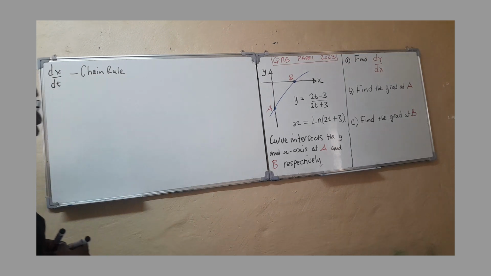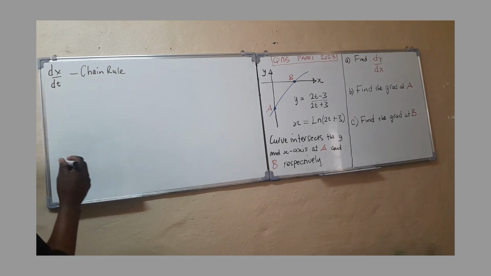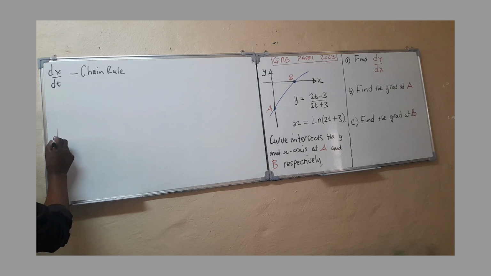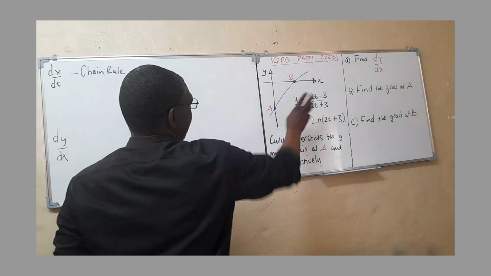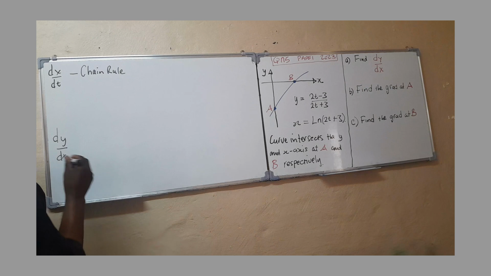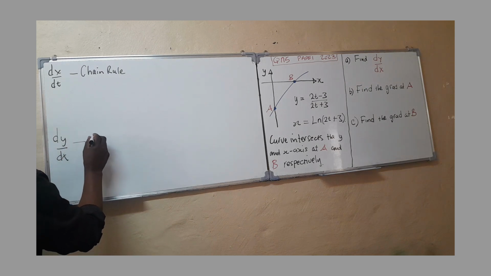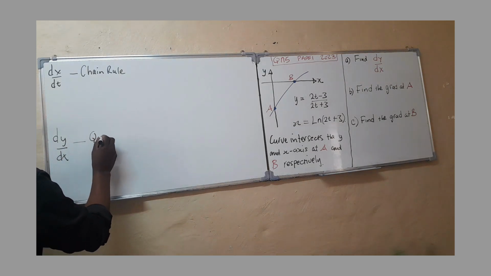Then we will have to find dy/dt. How do we get dy/dt? This is a quotient, and so we need the quotient rule.